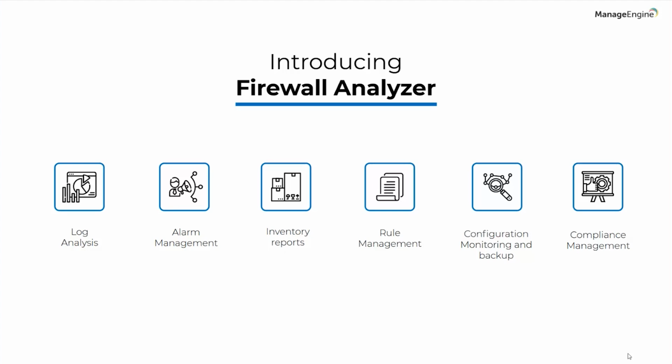It also offers configuration monitoring and backup features to ensure that any changes done to your configuration are tracked and the backups can be restored in case of any emergencies. Plus, its compliance management feature helps you spot misconfigurations with pre-built compliance reports. So in today's session, we'll discuss in detail the log analysis, alarm management, and the inventory reports.